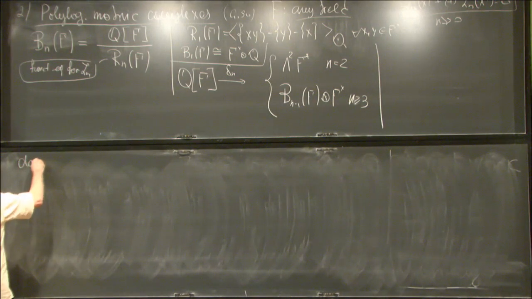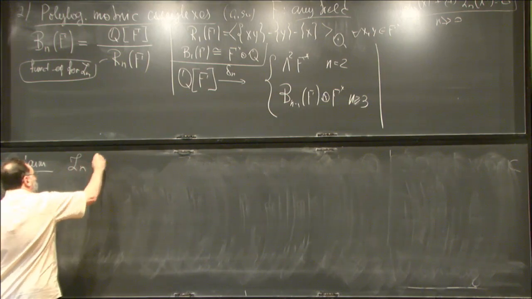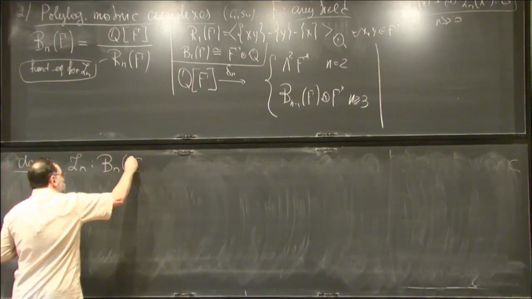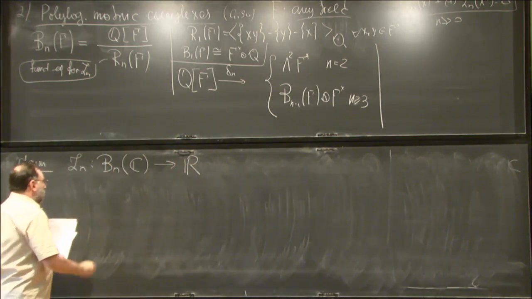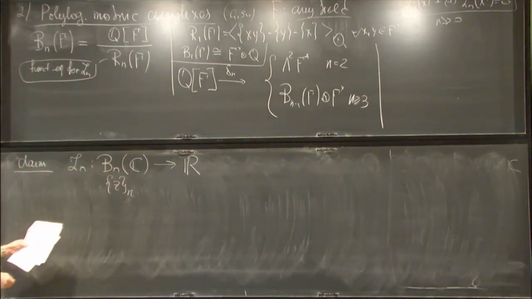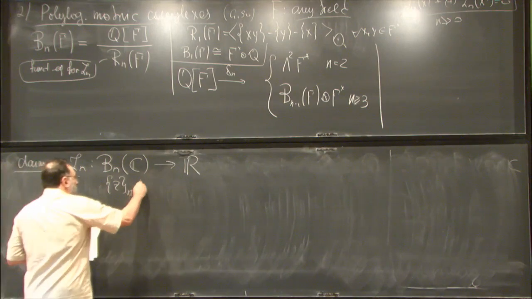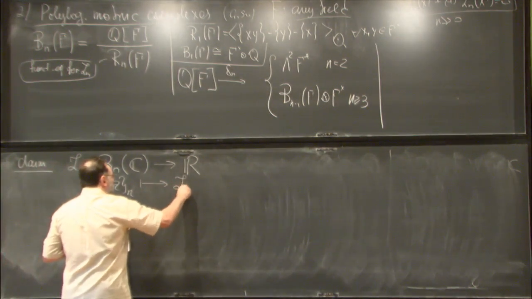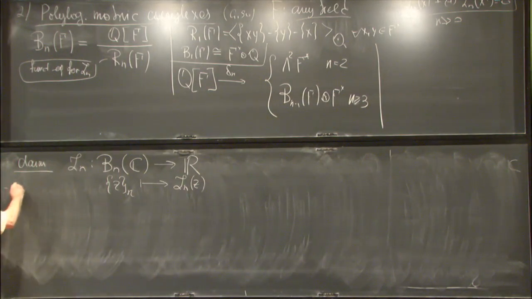So the claim is that we get a map from the group Bn of C, which was already defined, to real numbers, which is the analog of log absolute value, which takes the generator Z sub n, where Z sub n means the projection of the generator Z to this Bn, to just ln of Z. And so this map is well defined.